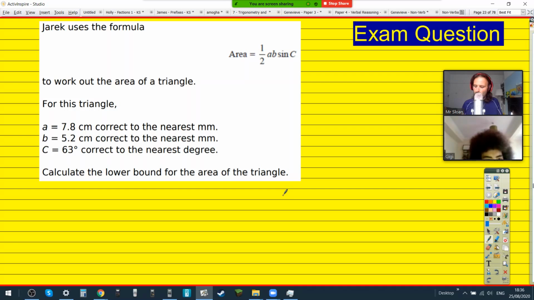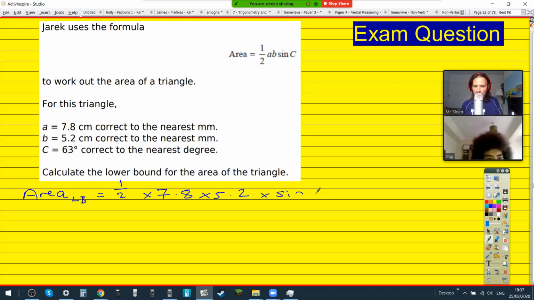So it would be area equals half ab sine C. So it would be half times 7.8 times 5.2 times sine 63 degrees. So that would be the area.